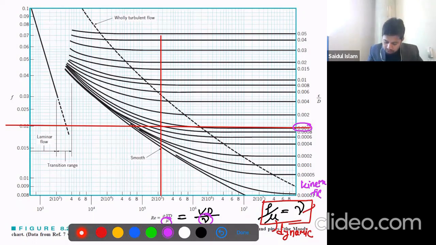And this is our Reynolds number, let's say 2.4 times 10 to the power 5, just as an example. If we draw a line like this, we see it intersects at this point here. If we go this way, we can see this is the value 0.02. So we say this is the friction factor value.